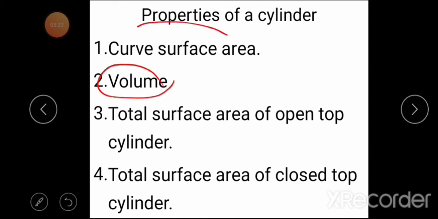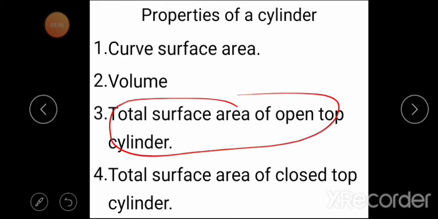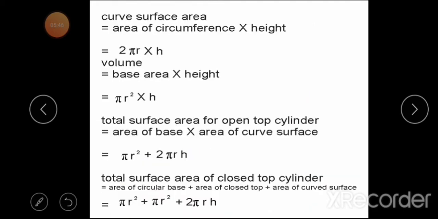But the formulas for the total surface area of an open top cylinder and the total surface area of a closed top cylinder are entirely different. So let us look at the formulas for obtaining these properties.